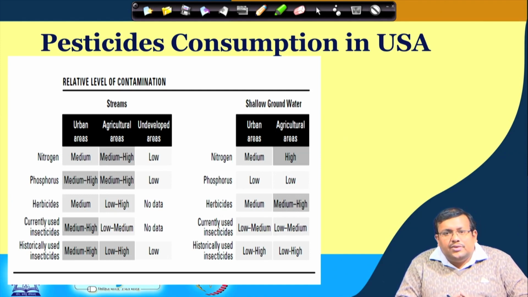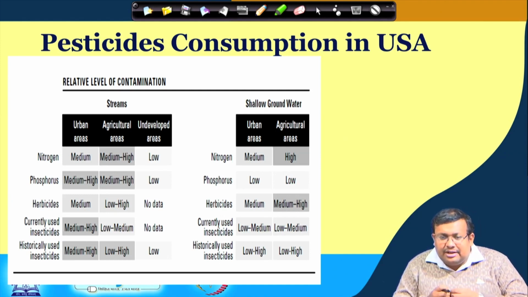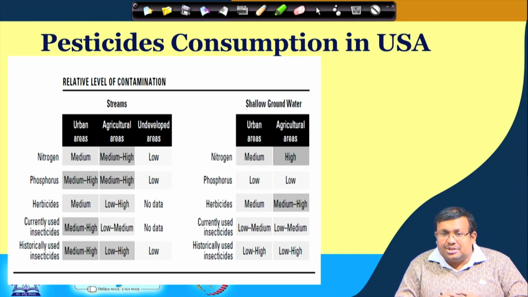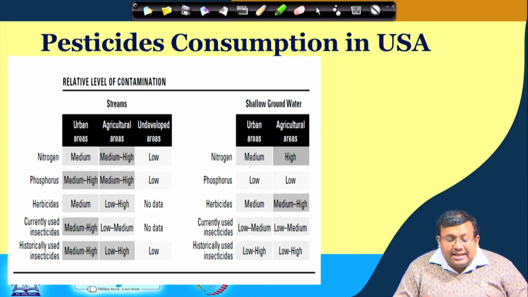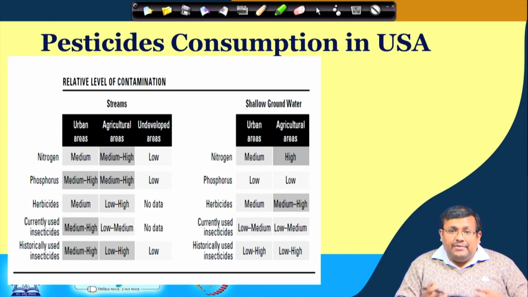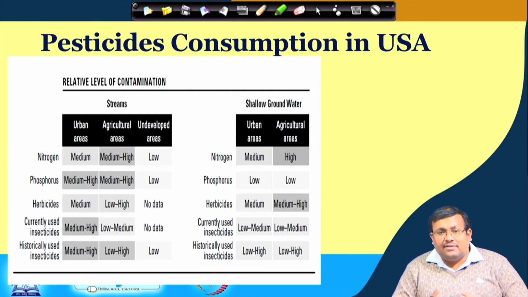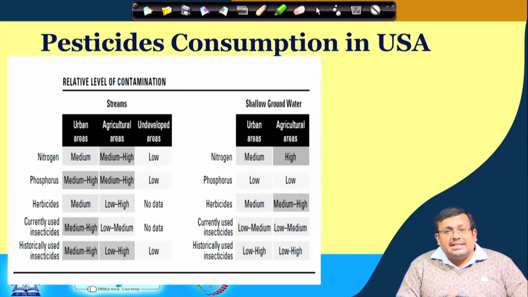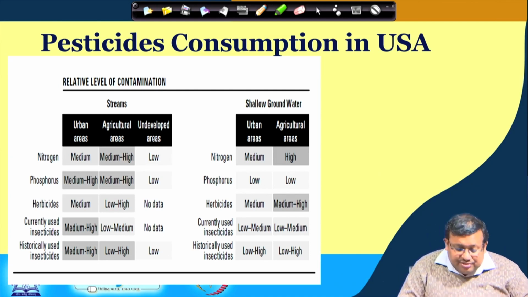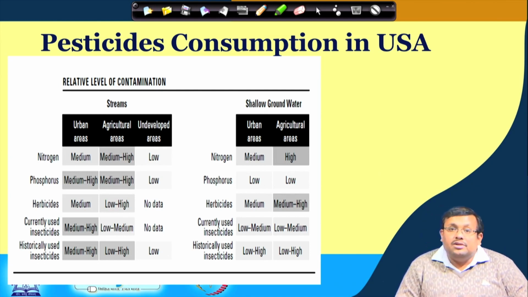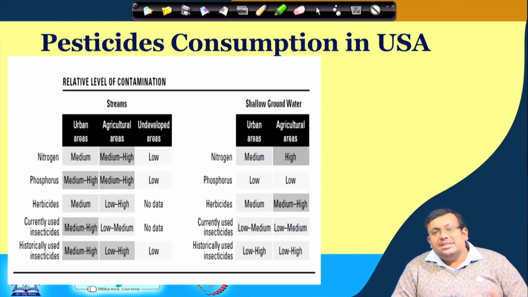In case of phosphorus, we did not see any substantial contamination. In case of herbicides, in urban conditions it produces a medium level of contamination in shallow groundwater. However, in agricultural areas, it produces medium to high level of contamination. Currently used insecticides produce low to medium in both these conditions. However, historically used insecticides produce low to high in both these conditions.